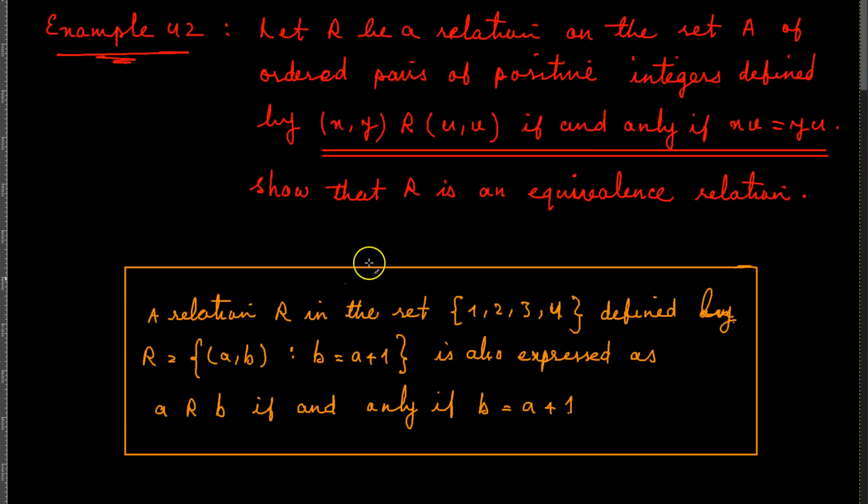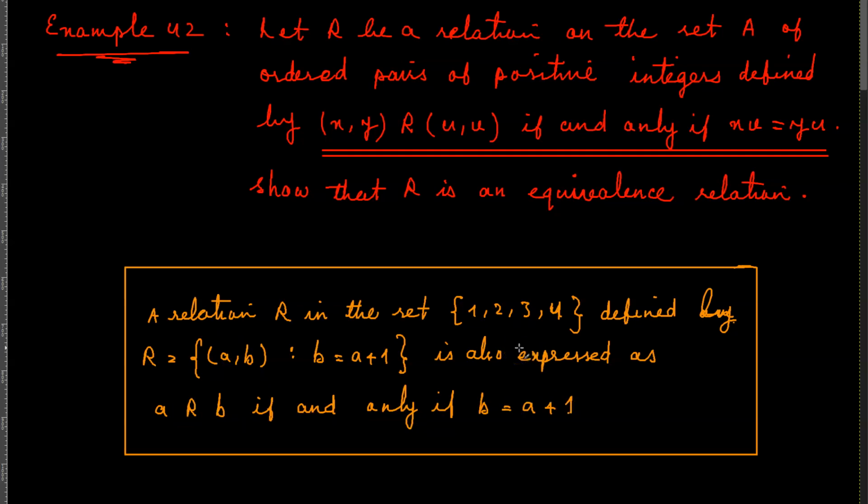But using this notation, what it tells you is that a relation R in the set, for example, {1, 2, 3, 4}, defined by R equals (A, B) such that B is equal to A plus 1, something like this, is also expressed as A R B if and only if B is equal to A plus 1.